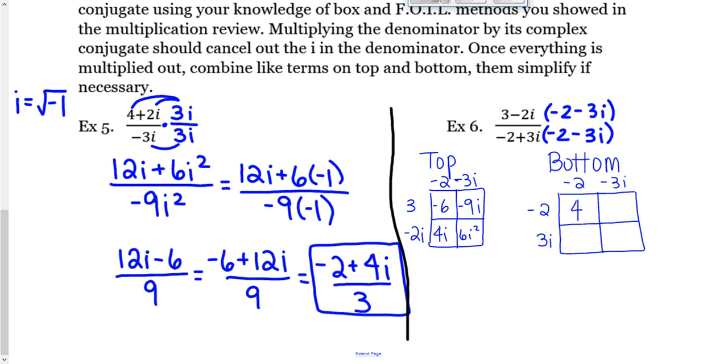Negative 2 times negative 3i is 6i. 3i times negative 2i is negative 6i. And then 3i times negative 3i is negative 9i squared. So I'm just going to combine like terms and write things out at the same time. Negative 6, and then I've got my like terms here. And when I get to this part, I'll have them here.